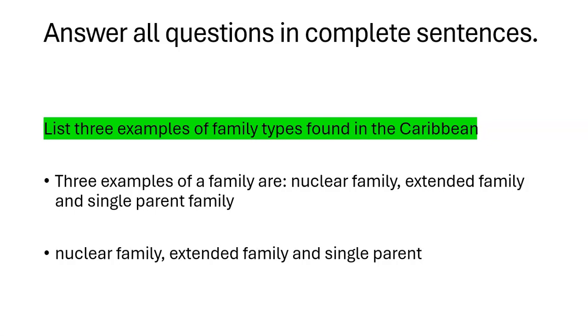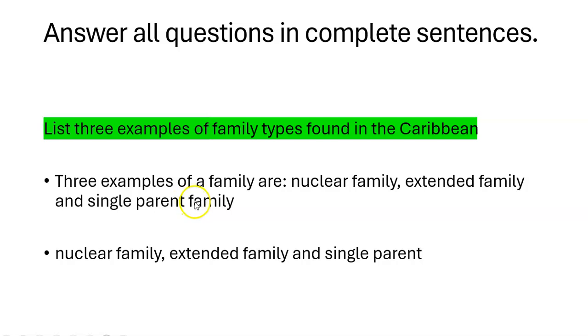Student B answered this question by writing nuclear family, extended family, and single parent family. Based on both answers, which student do you think answered this question in a complete sentence? If your answer is student A, you are definitely correct.